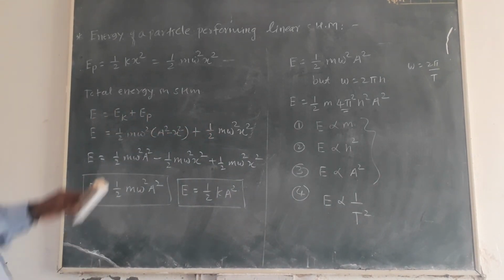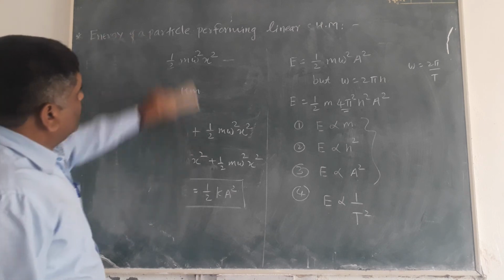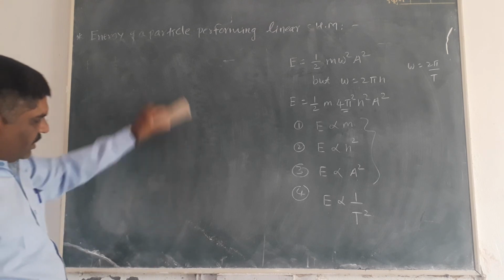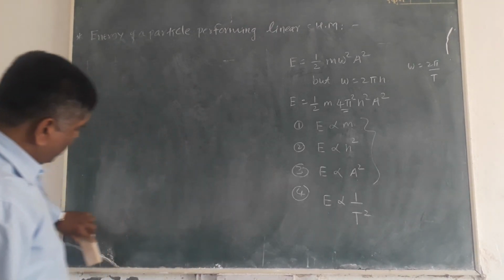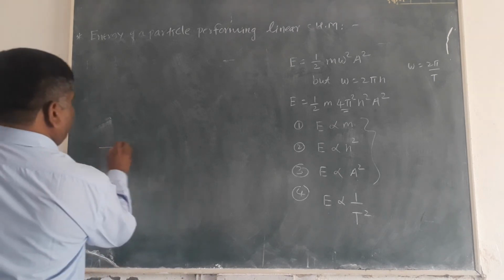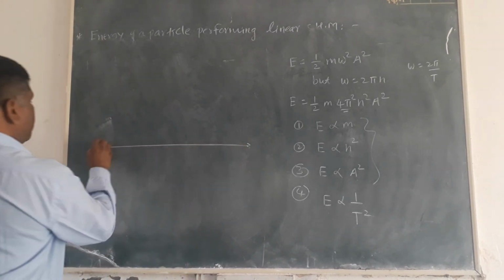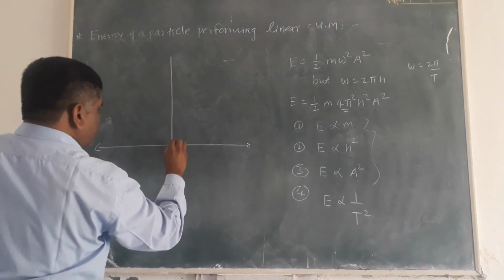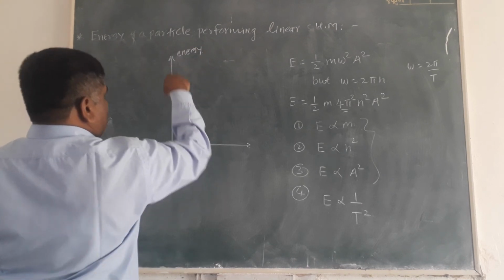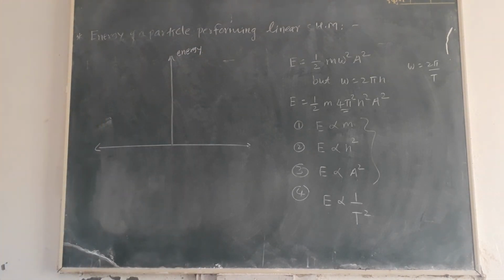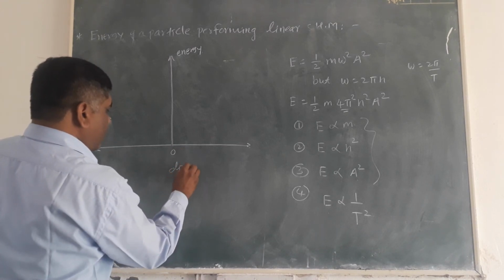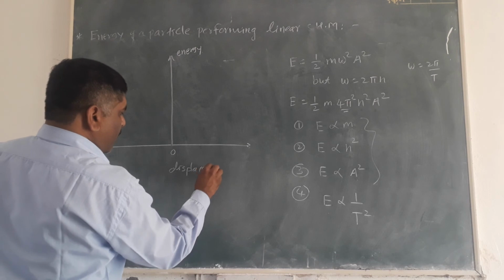Now we find out the variation of kinetic energy, potential energy, and total energy, or we say the variation of displacement versus energy. This y-axis gives the energy, and this x-axis is the displacement of particle.